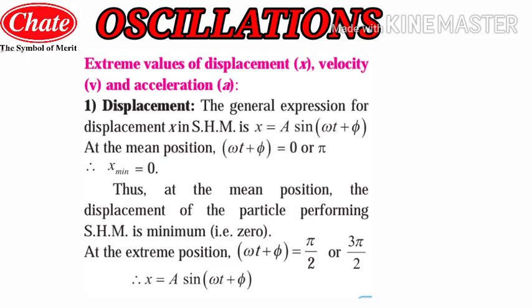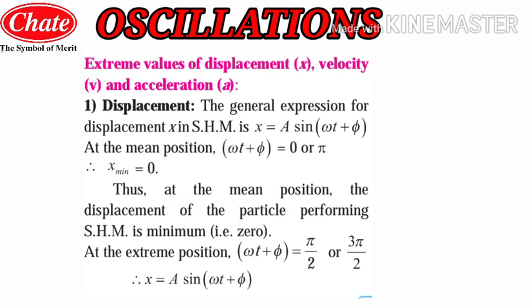Now the general expression for displacement x in SHM is x = a sin(ωt + φ). So this is the general expression.